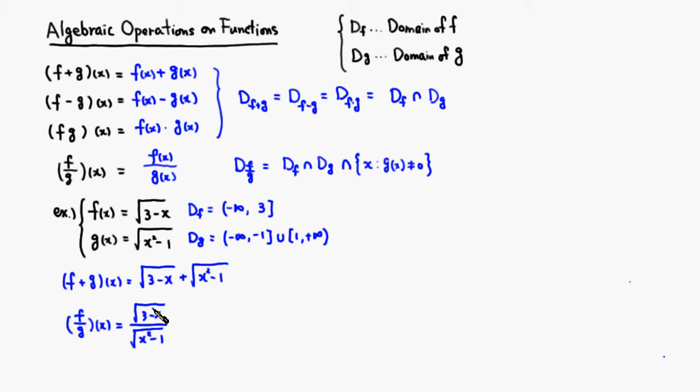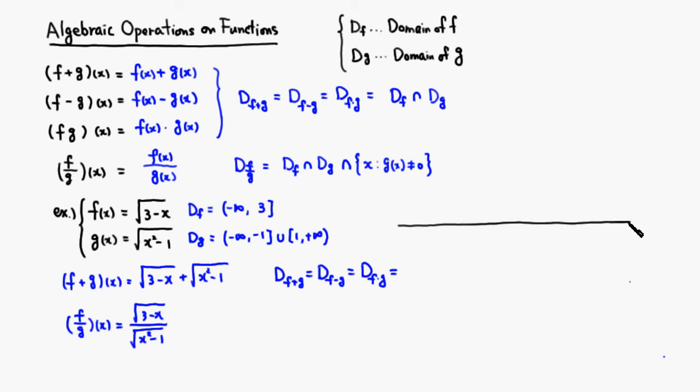The more interesting problem is finding the domain of these. To find the domain of f plus g, which is exactly the same as the domain of f minus g and the domain of f times g, we need the intersection of these two sets. Let's draw a number line so that we can visualize what's going on.